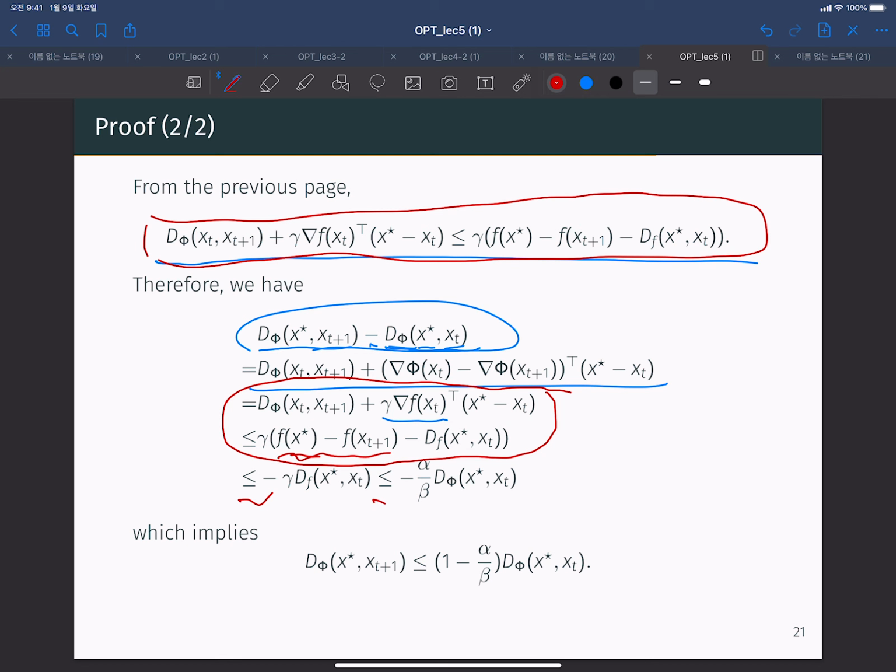And for this inequality, I use the fact that the Bregman divergence of x star and x_t with respect to f is always lower bounded by alpha times the Bregman divergence with respect to the pi function. So now we have this inequality, which means every iteration we can reduce the Bregman divergence by this factor, 1 minus alpha over beta.